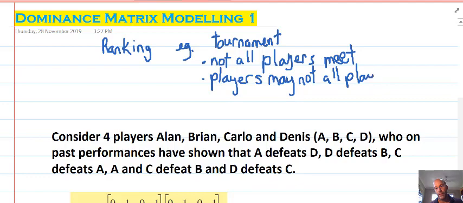So they may not play each other as many times as with other combinations of players, an equal number of times.